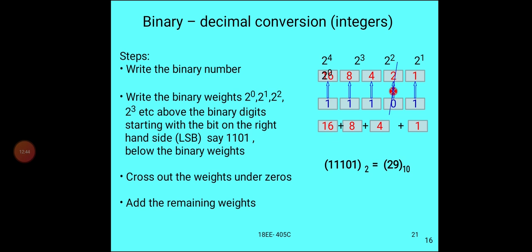So the binary value 11101 of base 2 is equivalent to 29 of base 10.